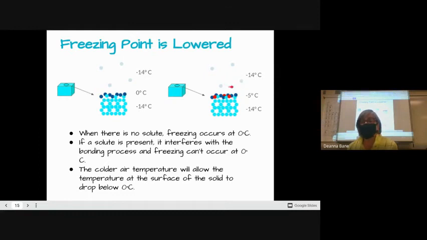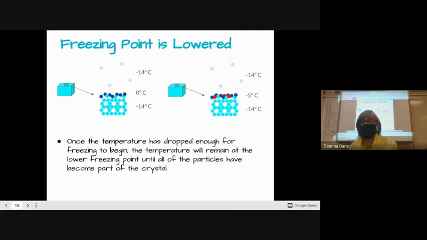And so since the air temperature and the temperature of the ice below it is colder, it will allow that water at the surface to get down to -5 degrees Celsius, or maybe -10, or maybe -30 degrees Celsius, depending on how much solute you have and whether this is water or a different solvent. So the colder air temperature allows the temperature at the surface to drop below 0 degrees Celsius, because the solute particles are preventing it from freezing at 0 degrees Celsius.